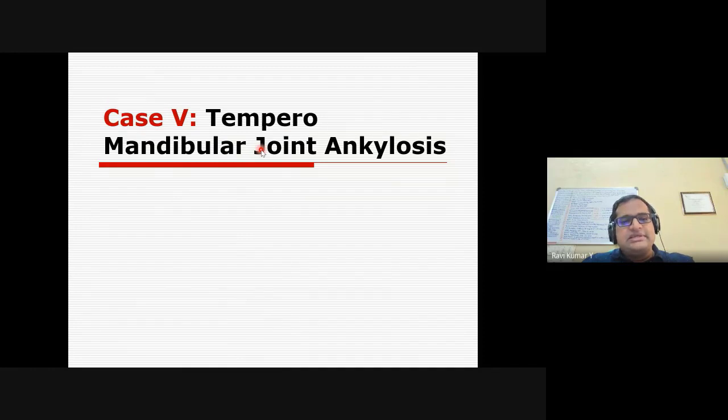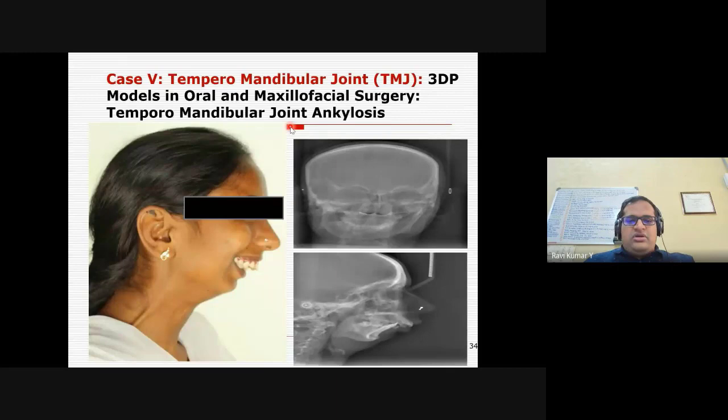This is a very complex surgery for an oral maxillofacial surgeon. It is a temporomandibular joint ankylosis, TMJ ankylosis. You can see this patient had a birth problem of a fused joint between the lower jaw and upper jaw.